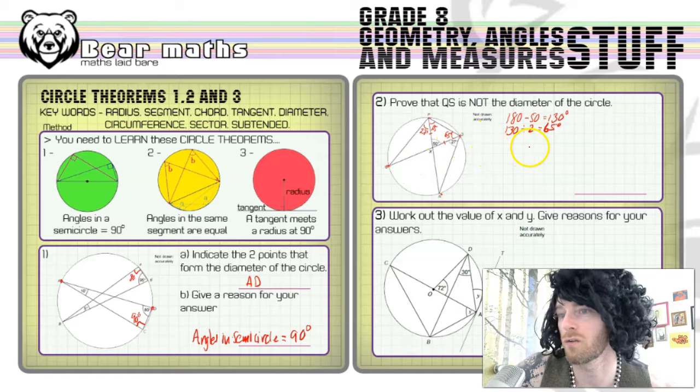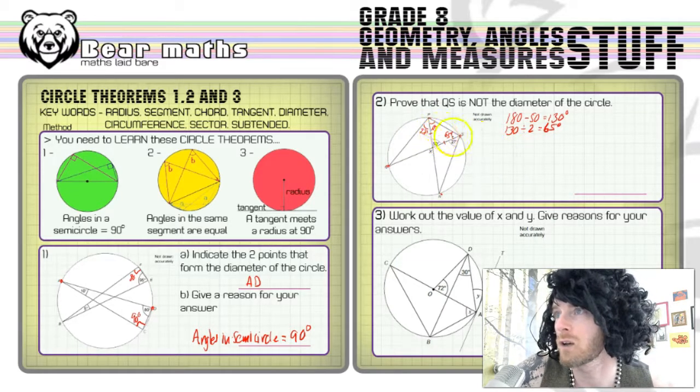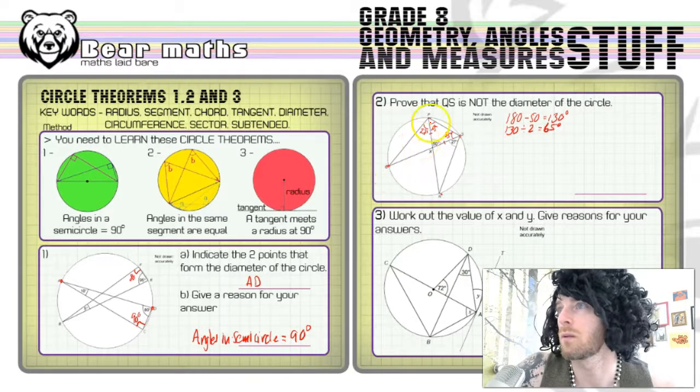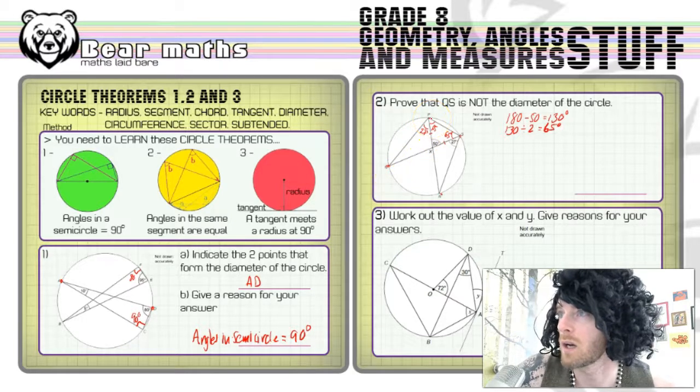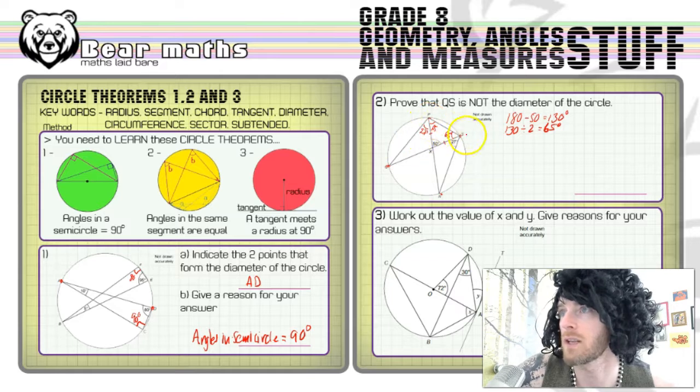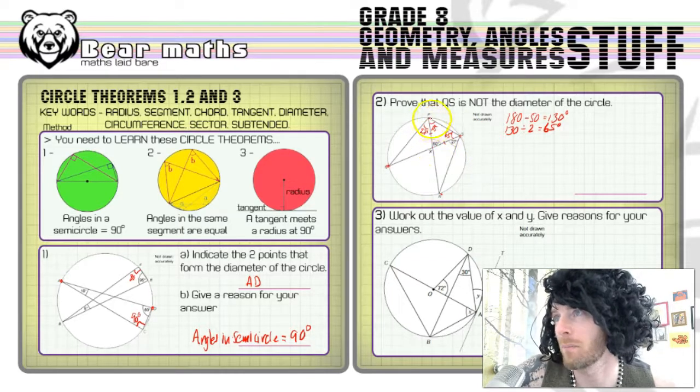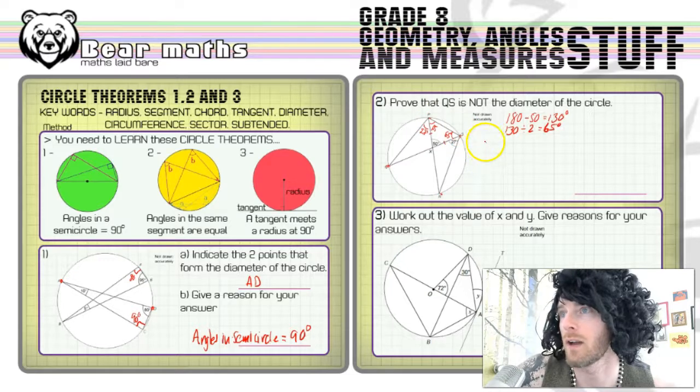So let's just kind of structure that and make it make sense. So I'm going to say the angle, I can't remember what letter that is, ultimately QPS is not equal to 90. But first of all, XPS, so angle XPS equals, don't need to use an algebraic X there, do we?